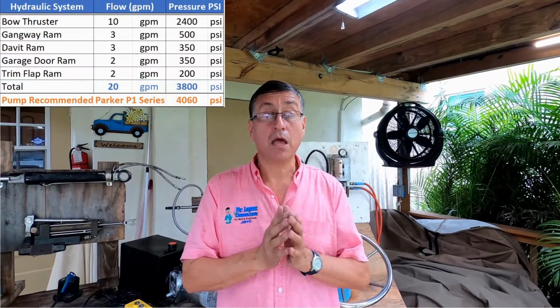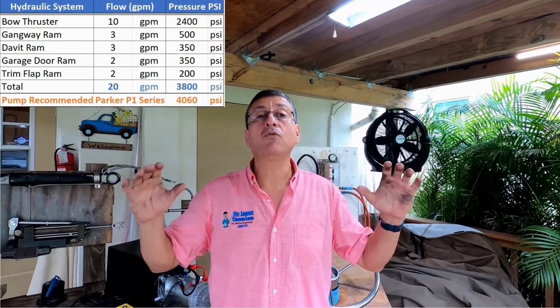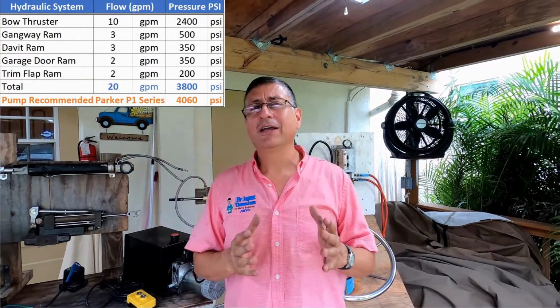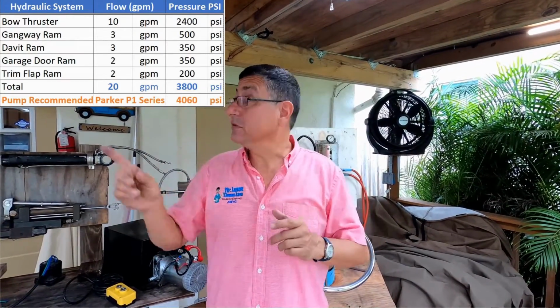Oh, what is the secret of that? The secret is to calculate the motor and the pump appropriate to supply the amount of pressure required for all the systems, if the systems are working together at the same time. Is this difficult? No. The secret is to calculate how much is the total pressure. This is the example.